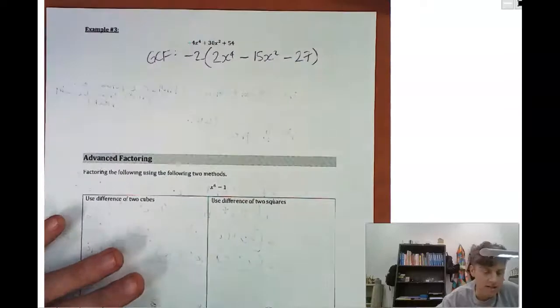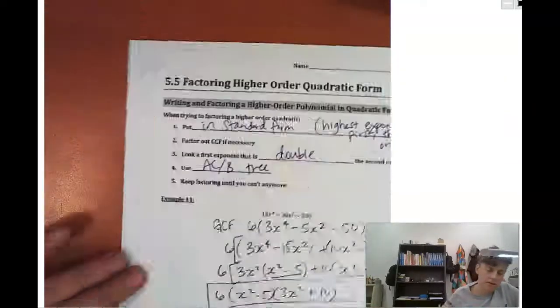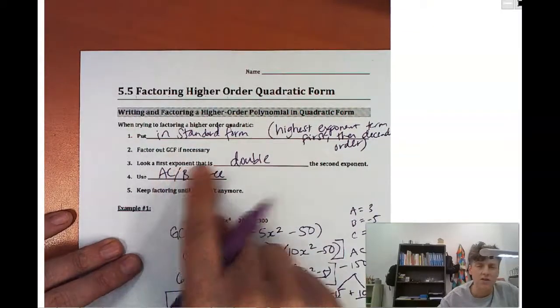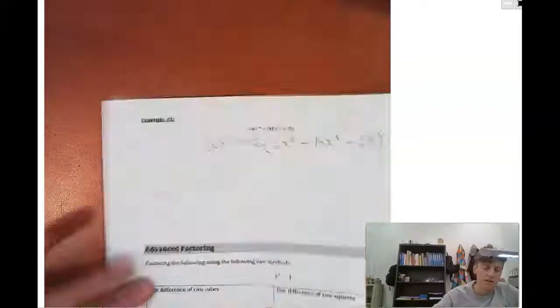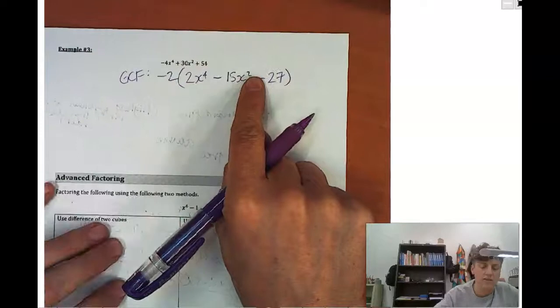Okay. What were we supposed to do next? I can't remember. Standard form, GCF. Oh, make sure the first exponent is double that of the second. Is the first exponent double that of the second? Yes. So then we do our ACB tree.